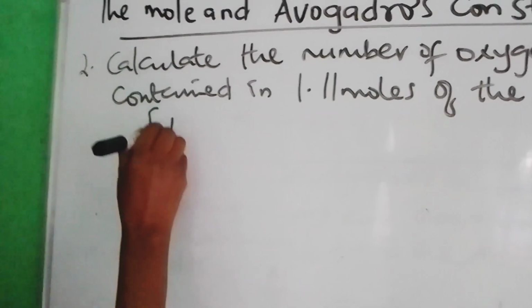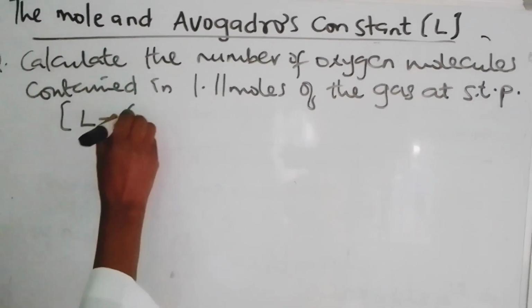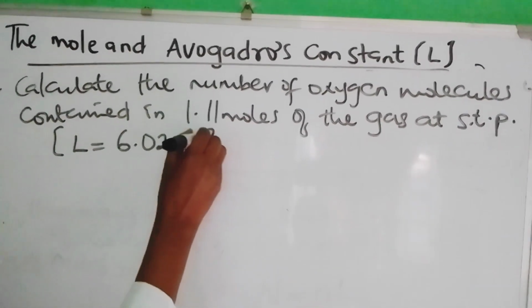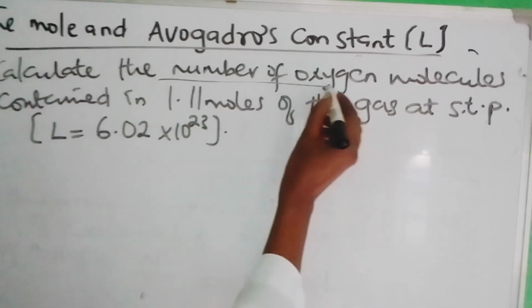Given that L, that is Avogadro's constant, is equivalent to 6.02 times 10 raised to power 23.